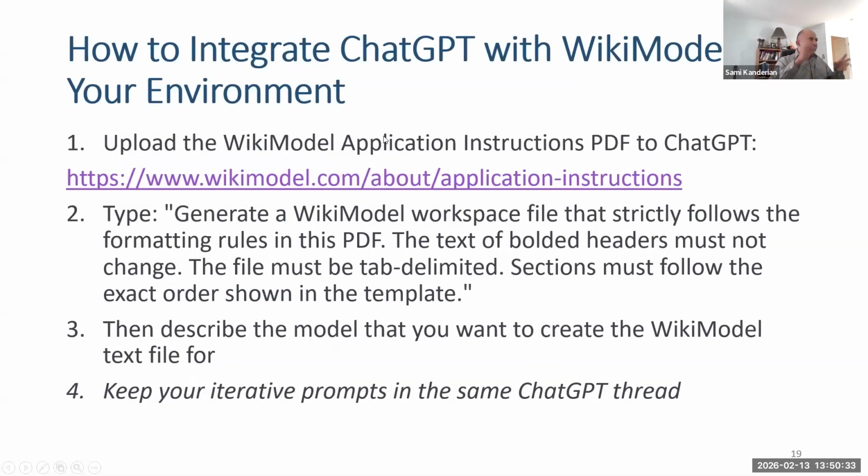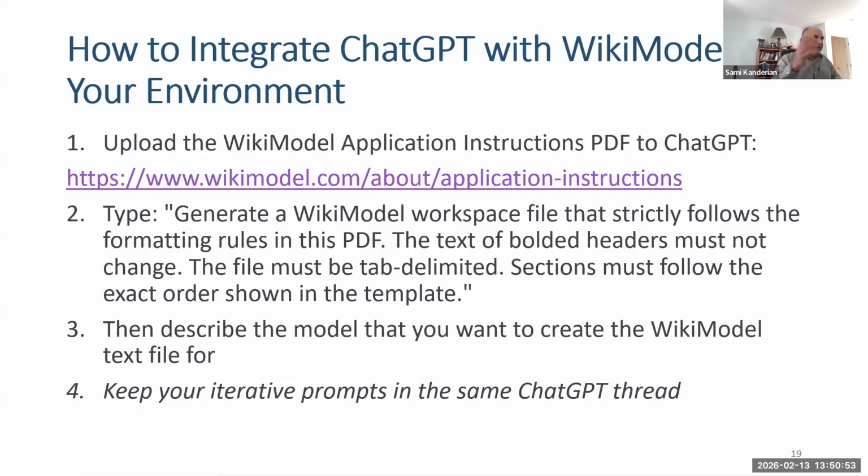What I noticed is that just because I had it trained for me, you can't just go into your ChatGPT and say, hey, make me a WikiModel workspace file that does this model, because what it learned in my environment is not going to carry on to yours.